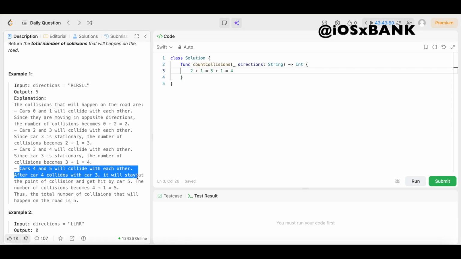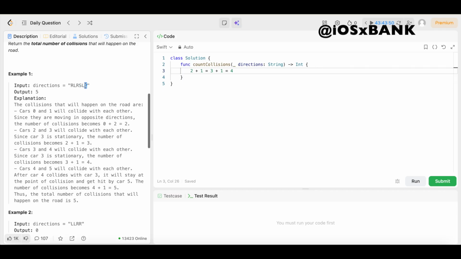After car 4 collides with car 3. So remember, this car already collided with this car. So they're both stationary, right? Because there was a crash. But this car is still moving to the left, right? So it says after car 4 collides with car 3, which is when this car collides with this car, it will stay at the point of collision and get hit by car 5.